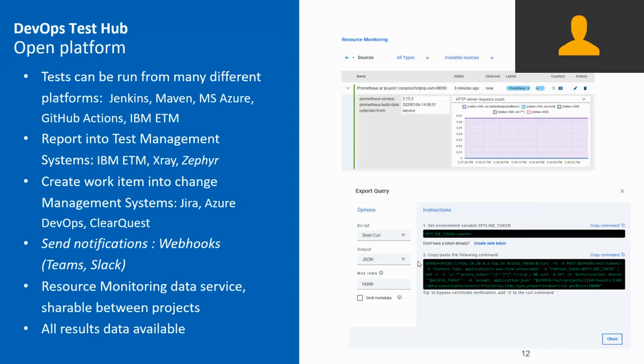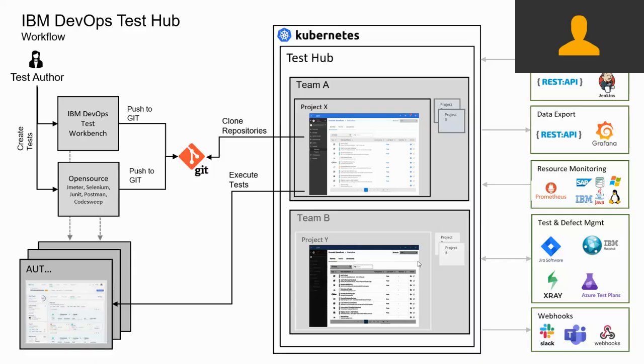And then we can report into external platforms. So our tests can be seen from the outside. We can send notifications. So all that is happening from the Test Hub to the outside. And these connections, these configurations are done once, and they are used with all the teams.